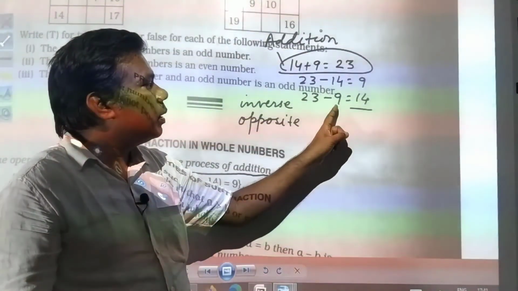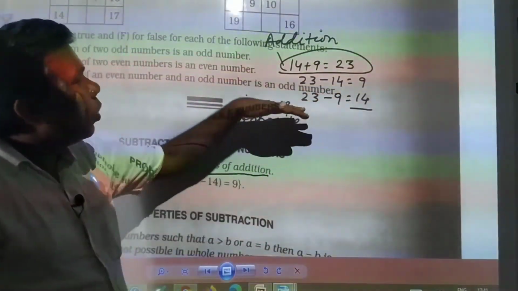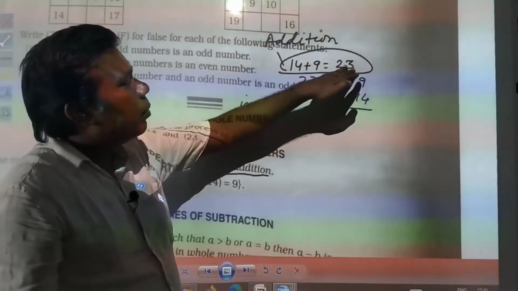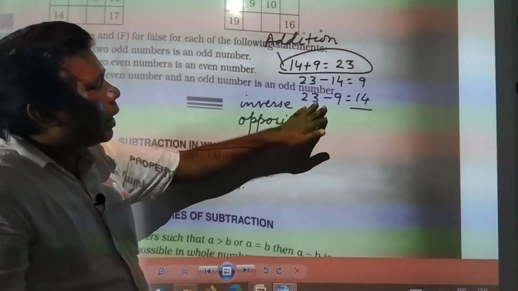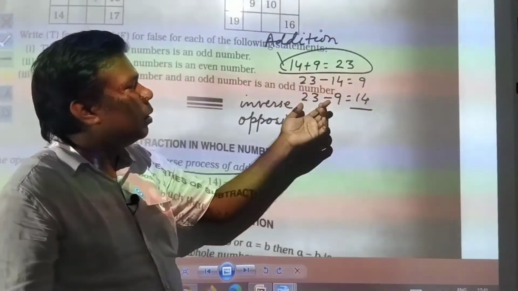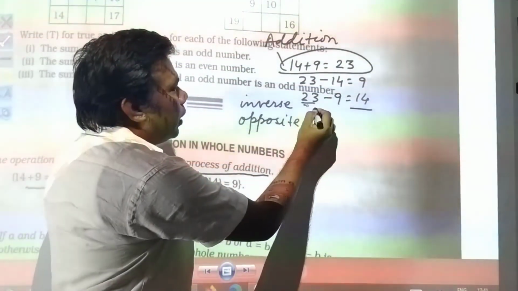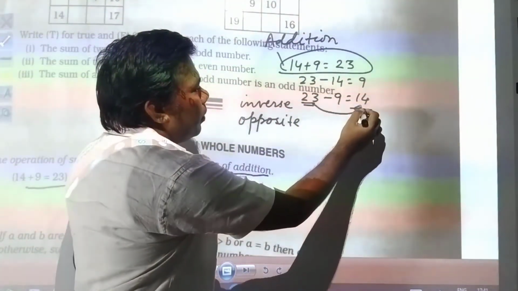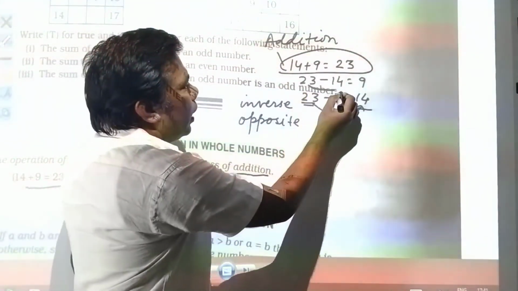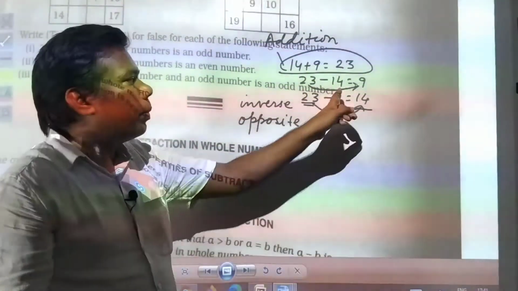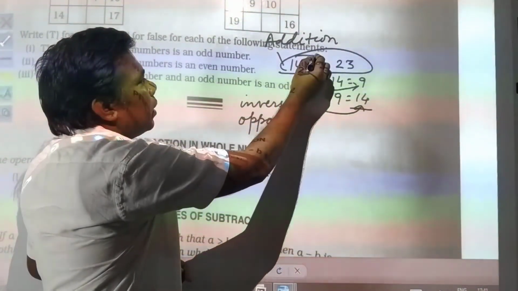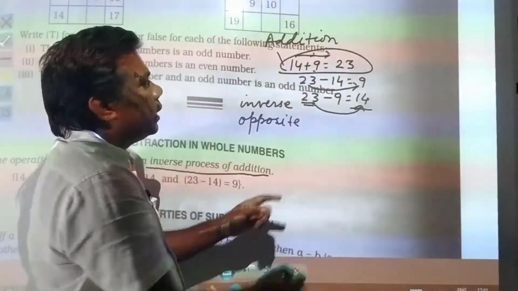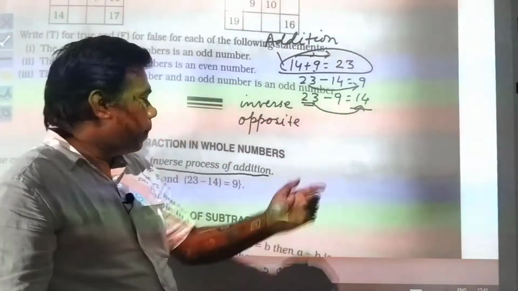This is the bigger number, this is the smaller number. So when we add, the number increases, and when we subtract, the number decreases, because 23 decreased and became 14, and decreased and became 9. But 14 and 9 increased and became 23.